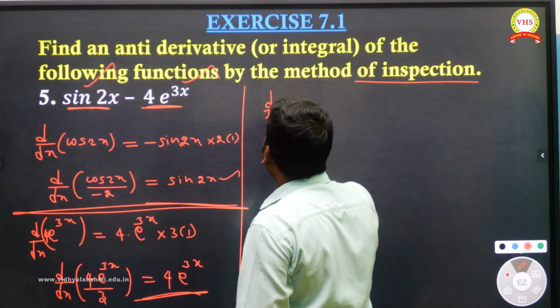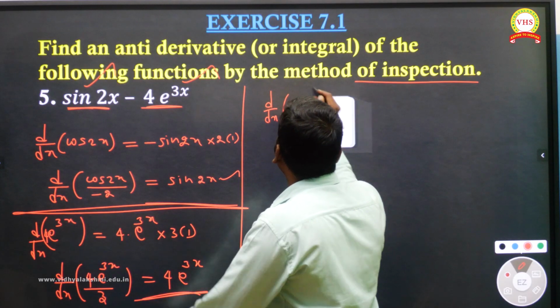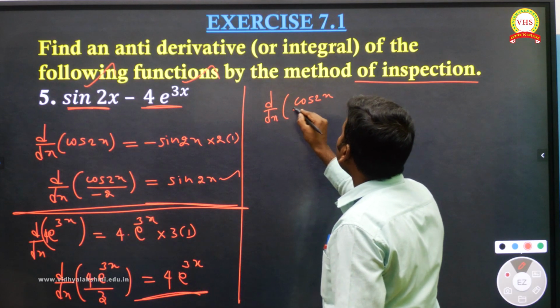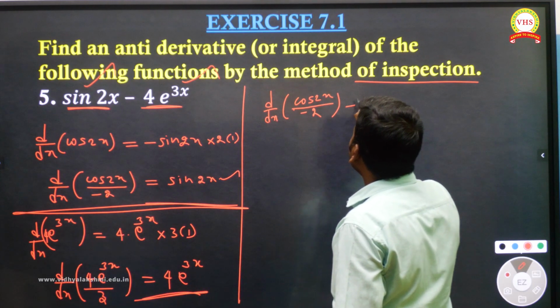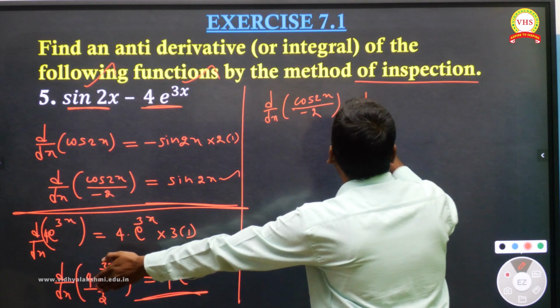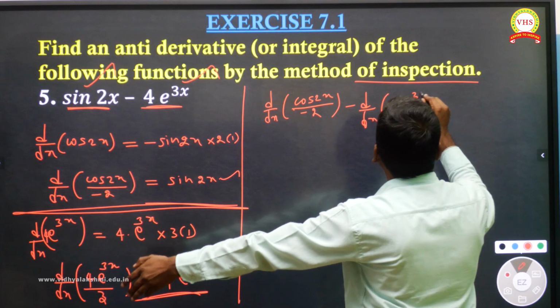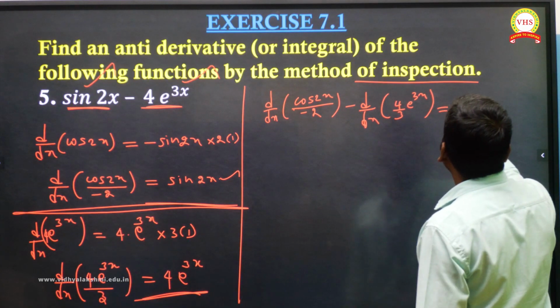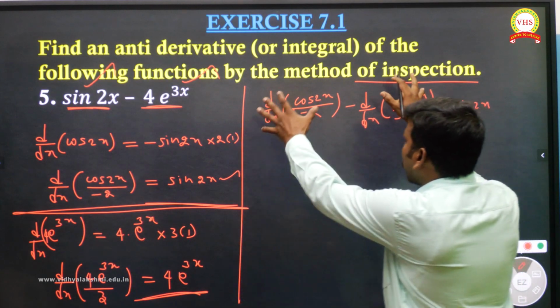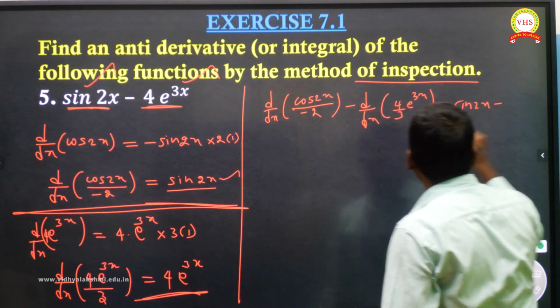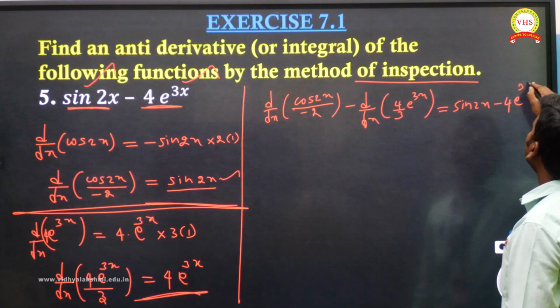Now the derivative of the first, cos 2x divided by minus 2, subtract this one, the derivative of 4 by 3 e power 3x, is equal to the question. I mean, the left hand side is over. Now, on the right hand side I am subtracting: sine 2x minus 4 times e power 3x.